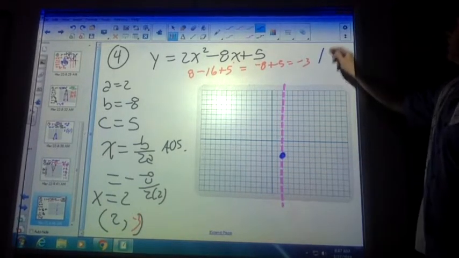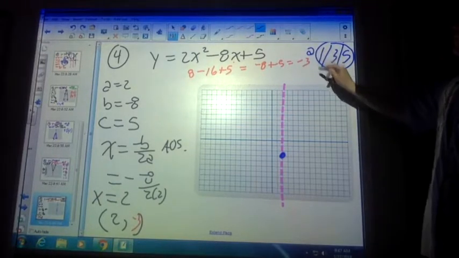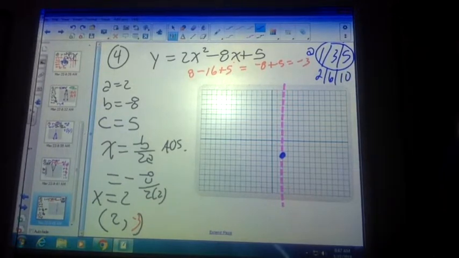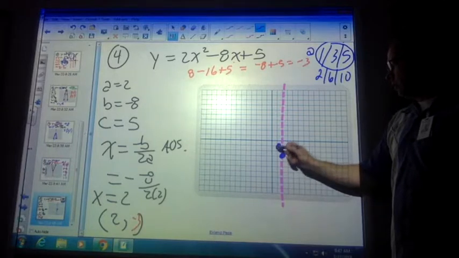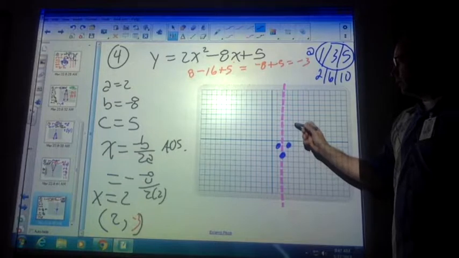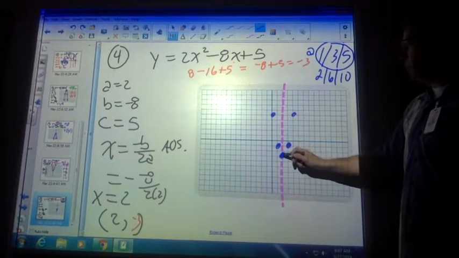Pattern graph: is it 1, 3, 5 or something else? It's 2, 6, and 10 because I multiply by my A value. So I go right one up 2, left one up 2, right one up 6, left one up 6. That should be plenty.